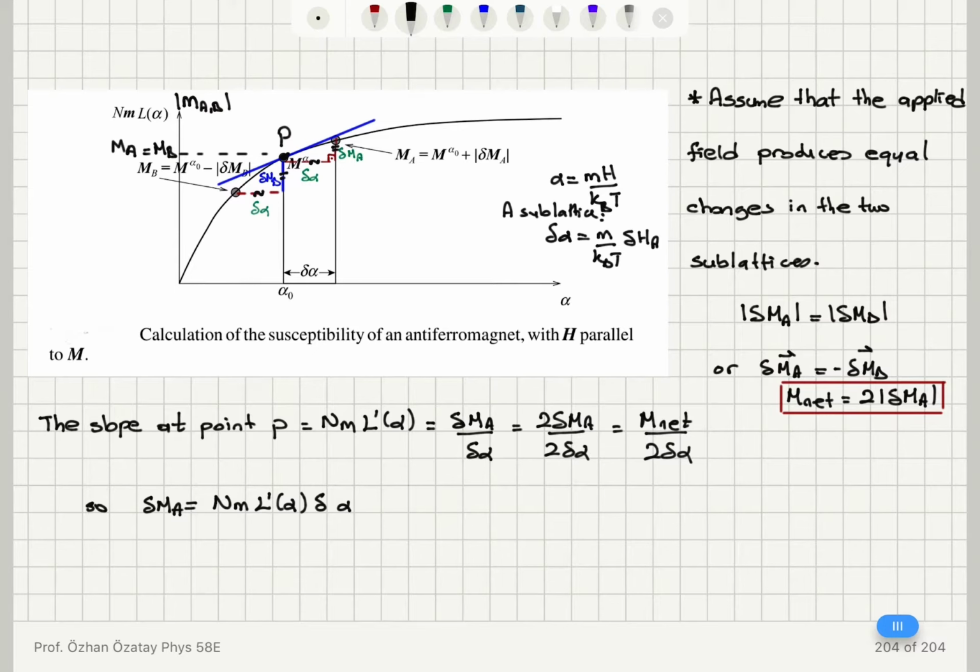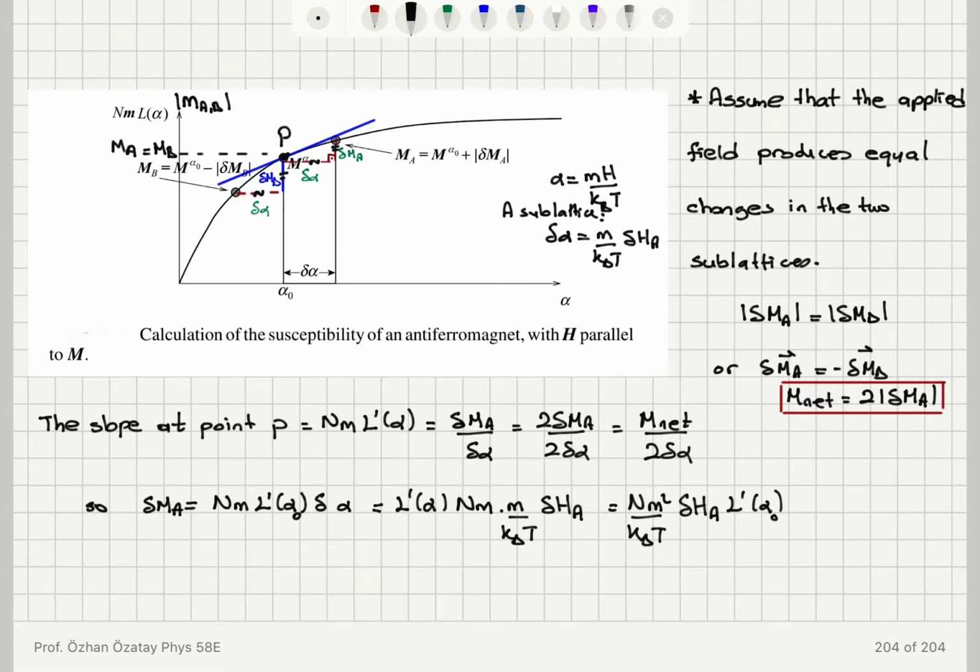For delta alpha I substitute m over kB T and the change in the magnetic field acting on the A sublattice. So this will be equal to N m squared over kB T, delta H on the A sublattice, derivative of the Langevin function at alpha 0. So this is at point alpha 0.